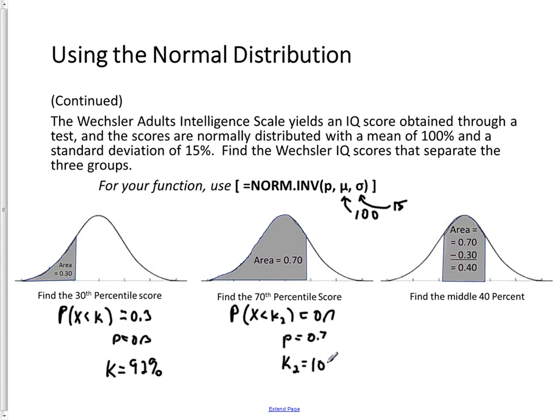But we're going to give that as 108. Okay, so the middle 40%, their score is going to be somewhere between 92 and 108 on the Wechsler IQ exam. And that's the way we would outline that.